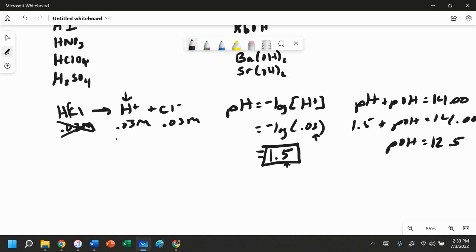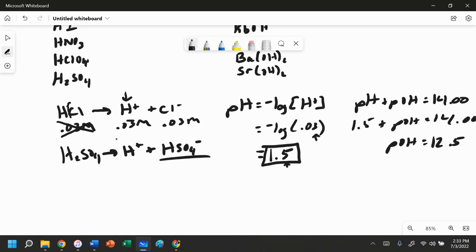Now, please note, it's a 1-to-1 ratio between the acid and the hydrogen ion concentration. H2SO4 is diprotic, and that starts getting a little more complicated in how it deprotonates, how the hydrogen ions come off. Because with a diprotic acid, the first hydrogen comes off 100% and makes HSO4 negative, but then that second ion will also deprotonate and lose its hydrogen, which will contribute some hydrogens to the acid and make it more acidic.